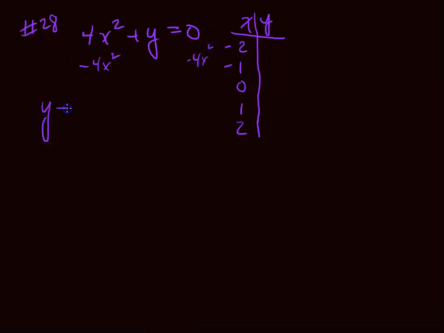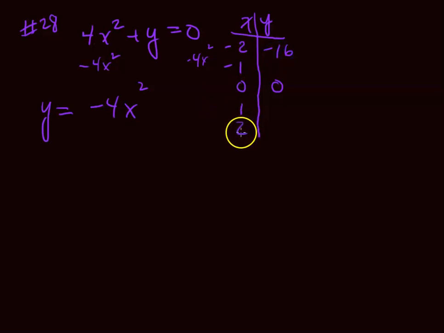And I get y equals -4x squared. When I plug in a 0 for x, I get 0 for y. When I plug in a -2 for x, squared, I get 4. 4 times -4 is -16.